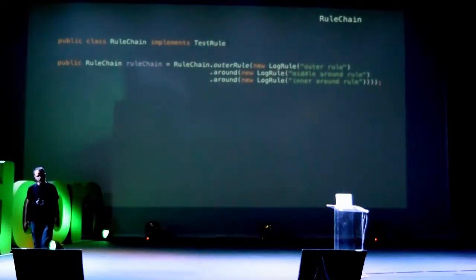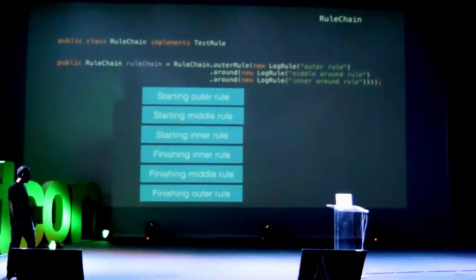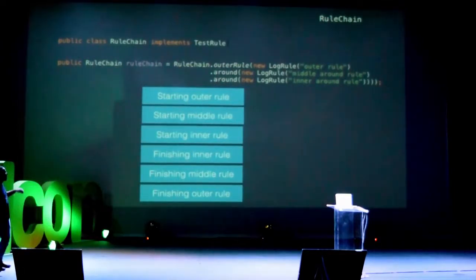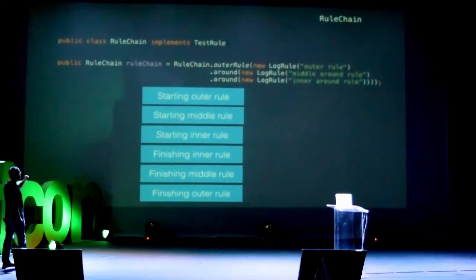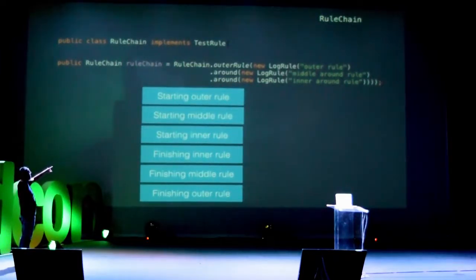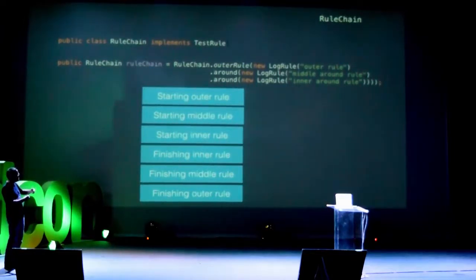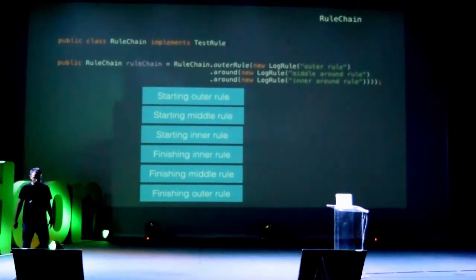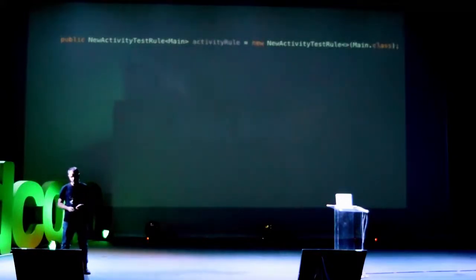If we execute this test with this test rule, we can see the order, the sequence of the operations that are happening. First the outer rule starts, then the middle, and then the inner. And at the time of finishing, the inner, middle, and outer. So we can have an idea of how to combine different test rules in one test rule.